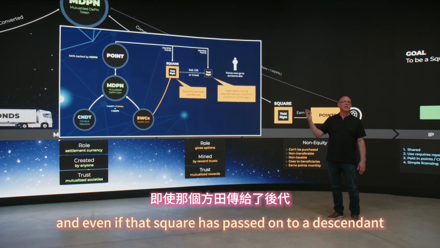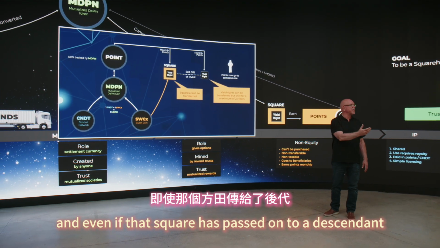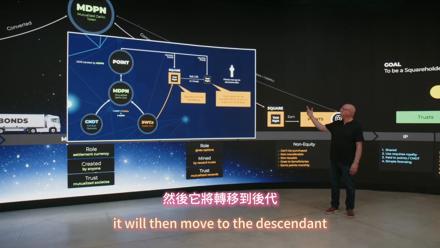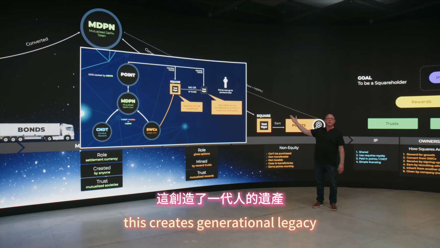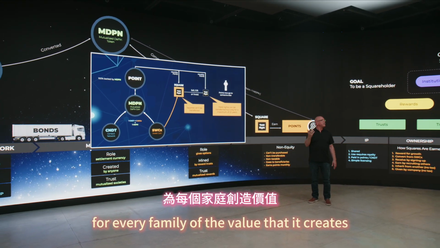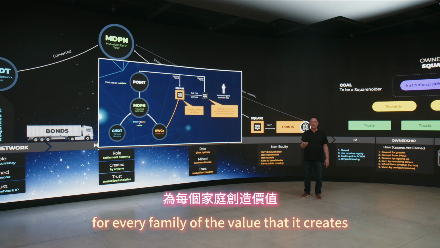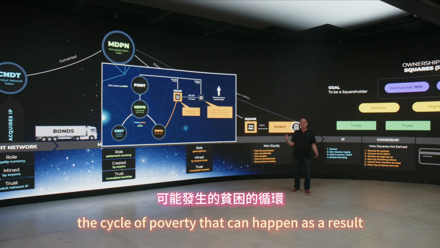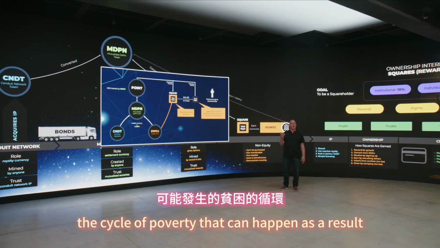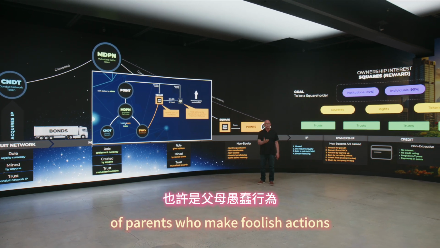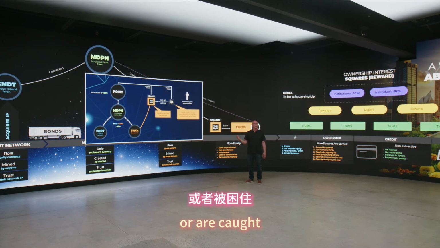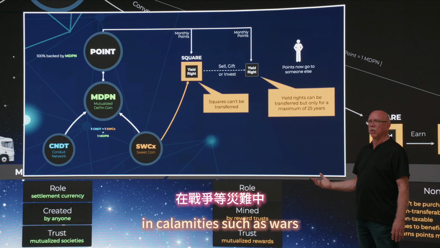And even if that square has passed on to a descendant, it will then move to the descendant. This creates generational legacy for every family of the value that it creates and breaks the cycle of poverty that can happen as a result of parents who make foolish actions or are caught in calamities such as wars.